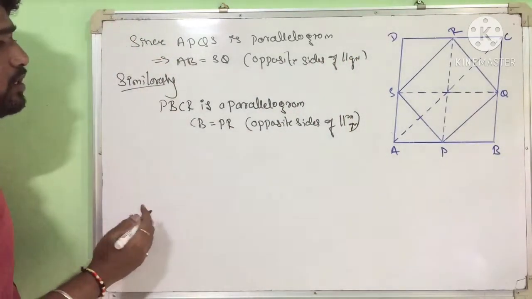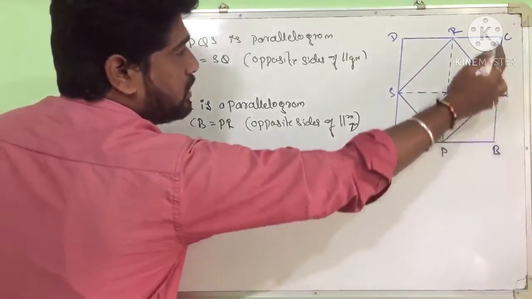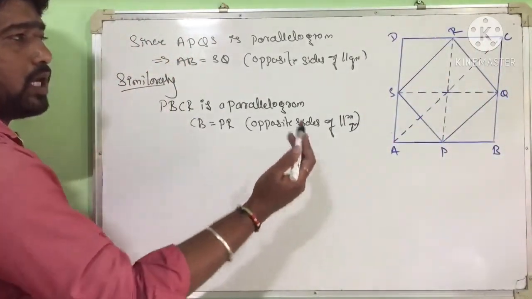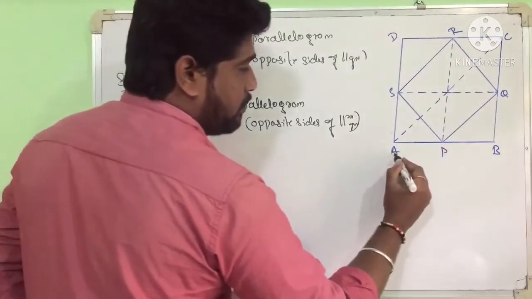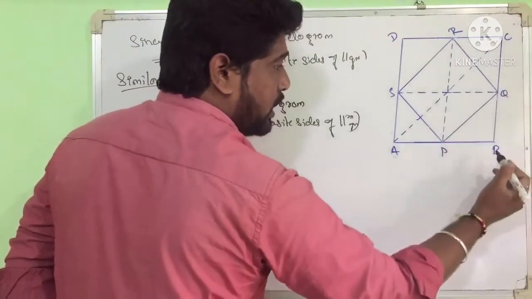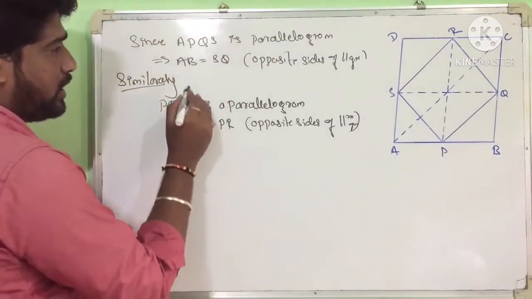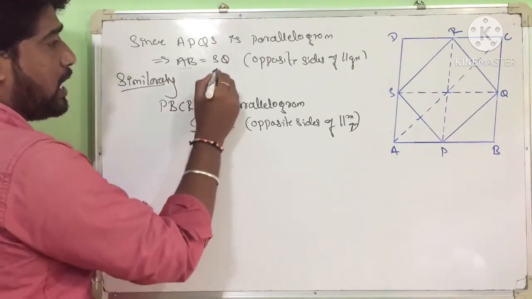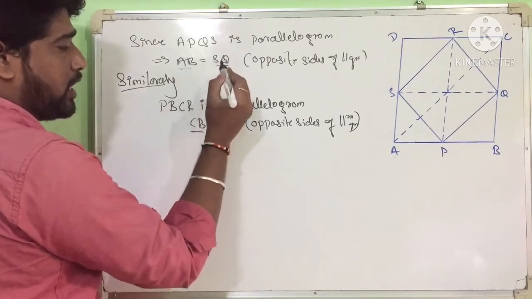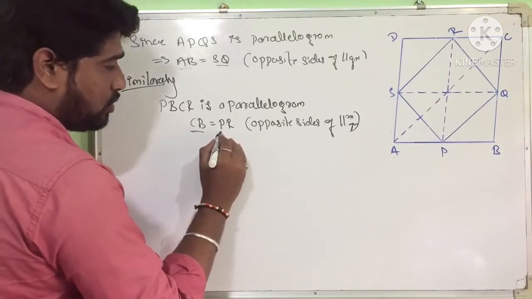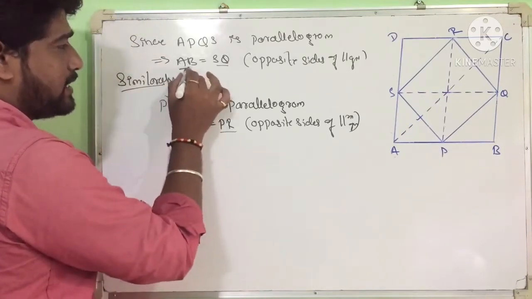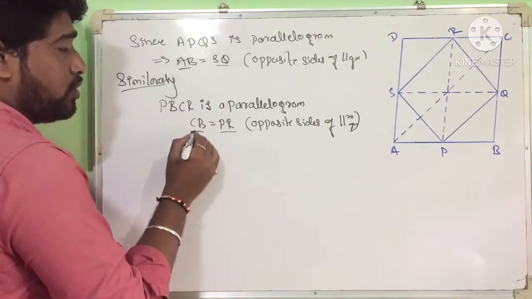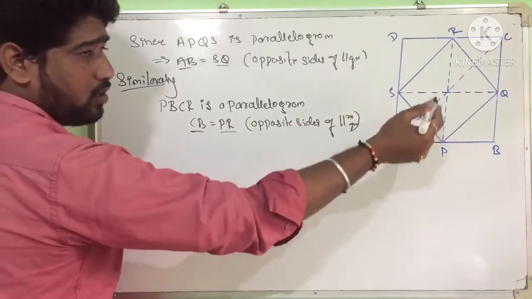Right? So see here, ABCD is a rhombus. It means all sides are equal. It means AB is equal to BC, right? So AB is equal to BC, and here AB is equal to SQ. Here BC is equal to PR. Here LHS are equal. AB is equal to CB because it is a rhombus, right?